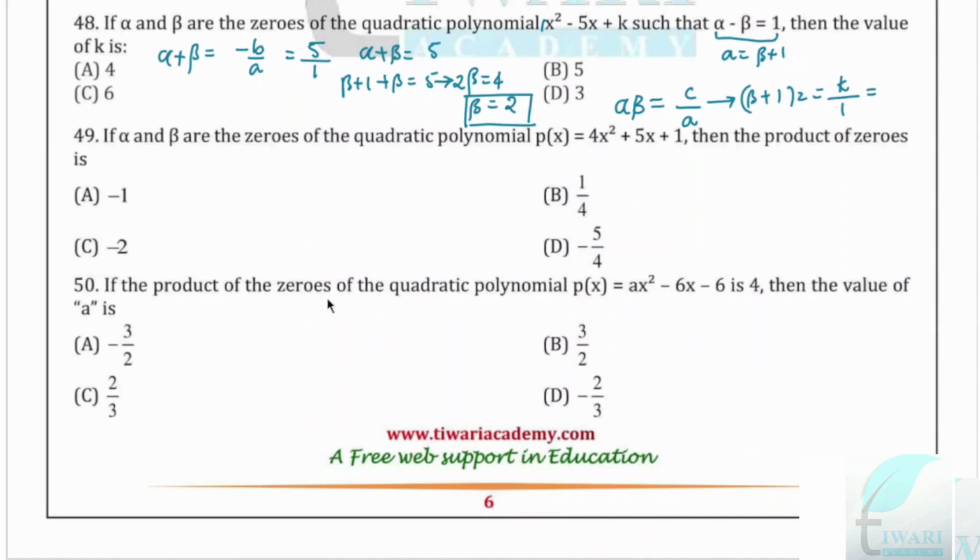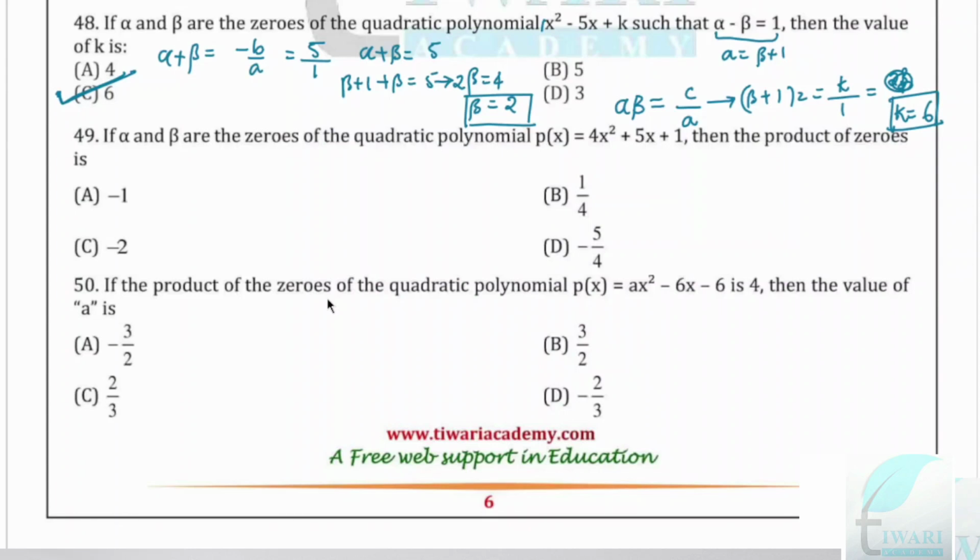So beta is 2, 2 plus 1 is 3, 3 into 2, 6. So k will be equal to 6 because the beta value is 2. So the k value is 6. So 6 is the right answer.